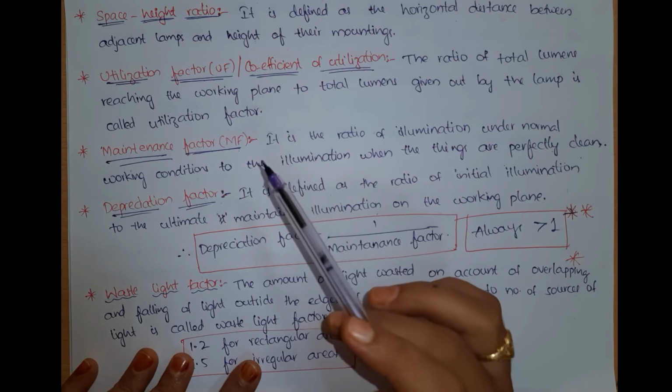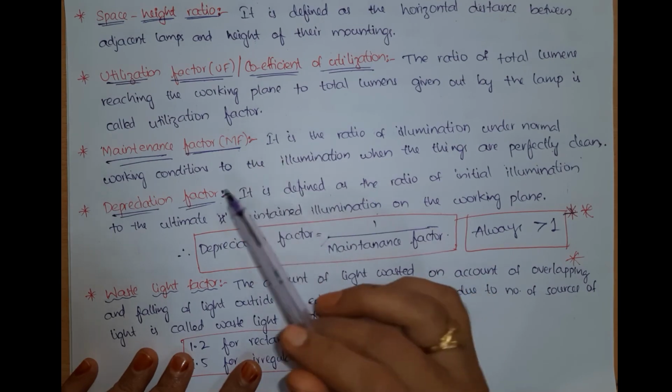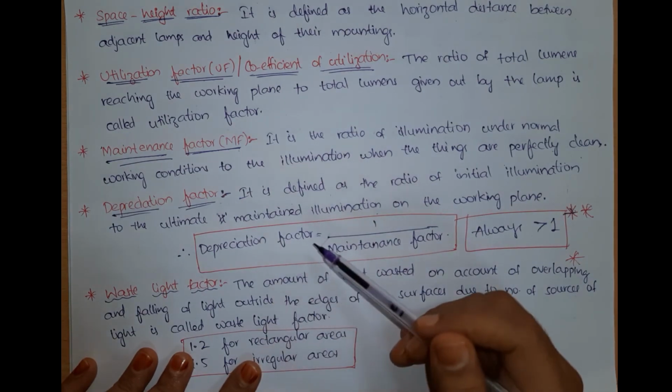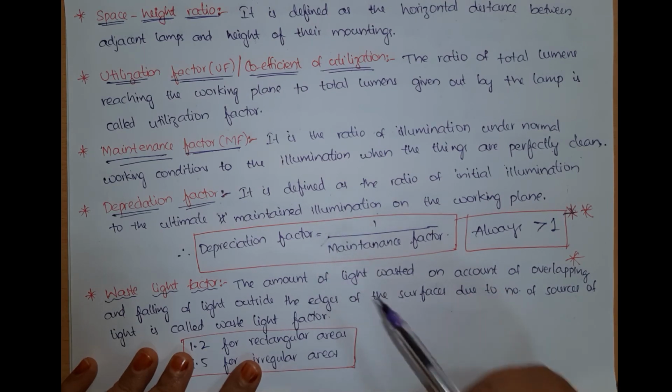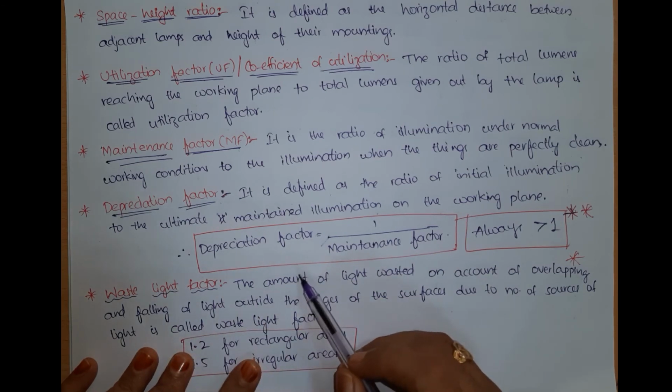So that part of light is called waste light factor. It may be due to overlapping or falling of light on outside the edges of the surface. So that effect will be taken into account. So that is called waste light factor. Now let us see its definition.